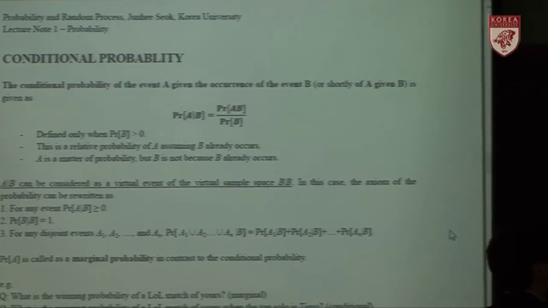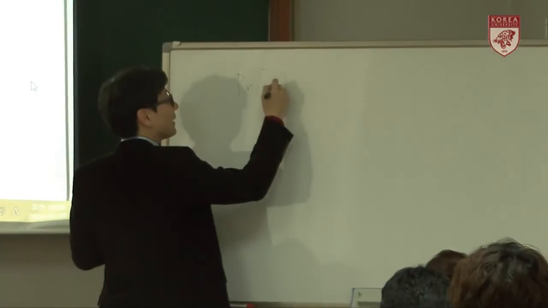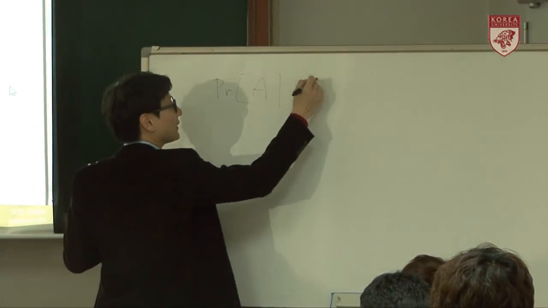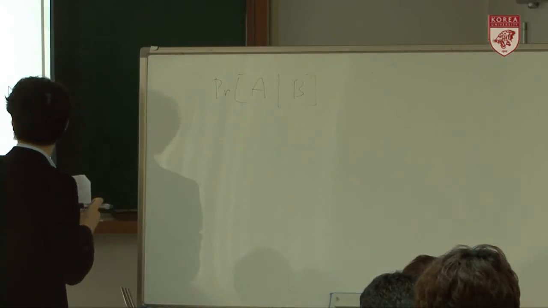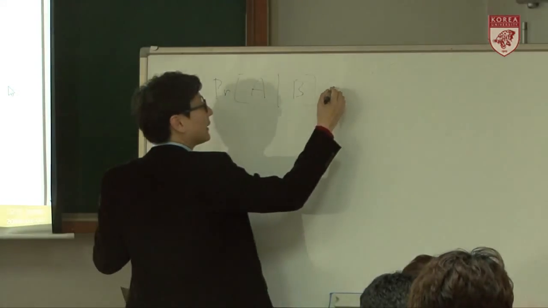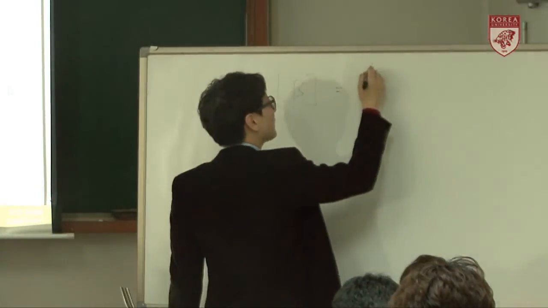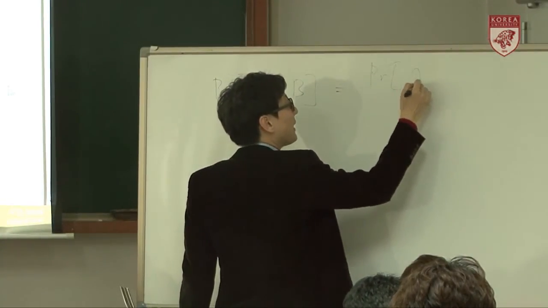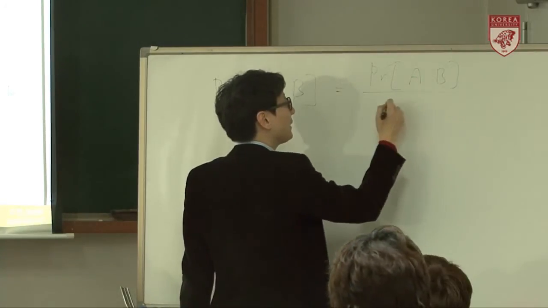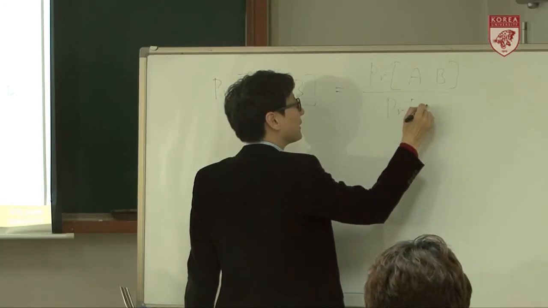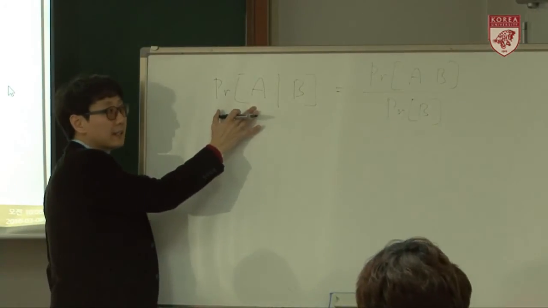In notation, we say probability A given B. Mathematically, conditional probability is defined by the probability that A and B happen together divided by the probability of B. This is the conditional probability of A given B.